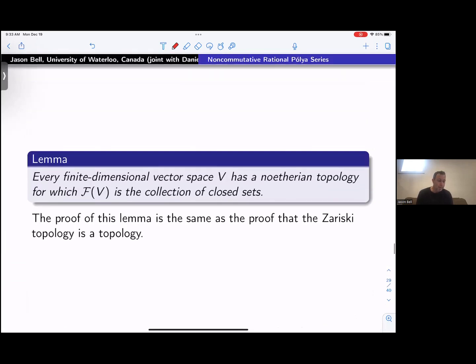And the important point is that if we look at this space FV, it becomes a Noetherian topological space. In case, I assume people know what a topological space is: it's closed under arbitrary intersections, finite unions, and it has the empty set and the whole vector space in there. What does Noetherian mean? Noetherian just means that if we take a descending chain of closed sets, it has to terminate.